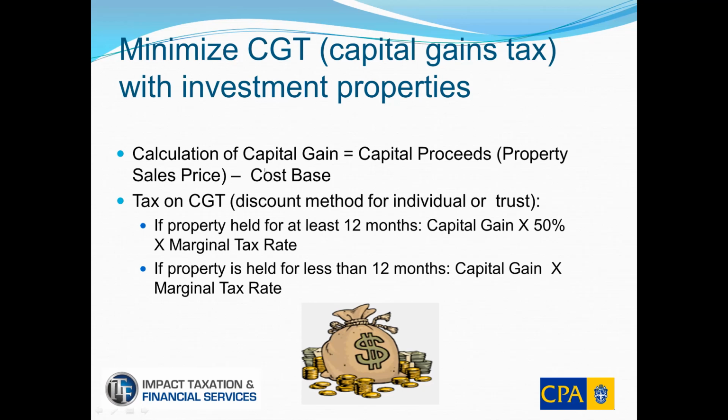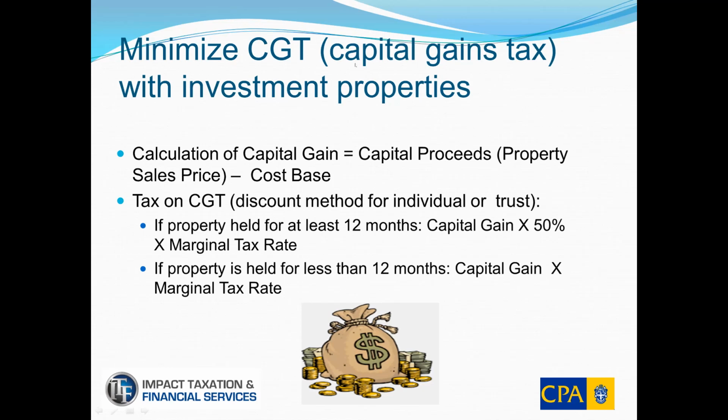Once you know the amount of the capital gain, the tax will be paid on top of your other income at your marginal tax rate. Of course, that's after applying a discount. If a property is owned by an individual or a family trust for more than 12 months, you get a 50% discount on the capital gain.